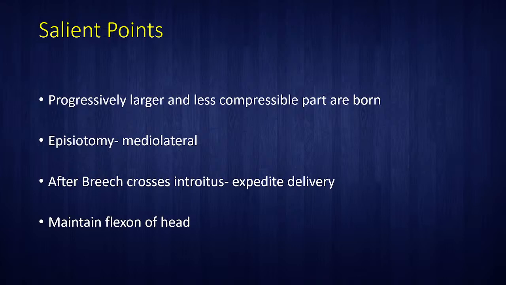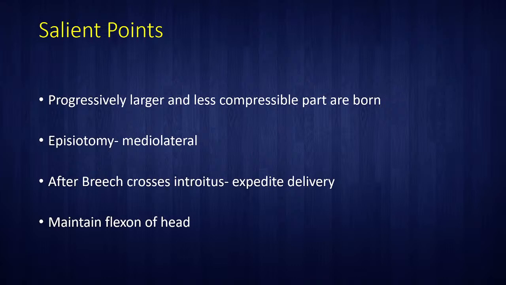In breech presentation, the breech may come out with incomplete dilatation. If it does, there will be more chances of fetal cord compression, because once the breech comes out, the cord at the insertion of the umbilicus will be compressed. So, that is the risk of breech delivery.